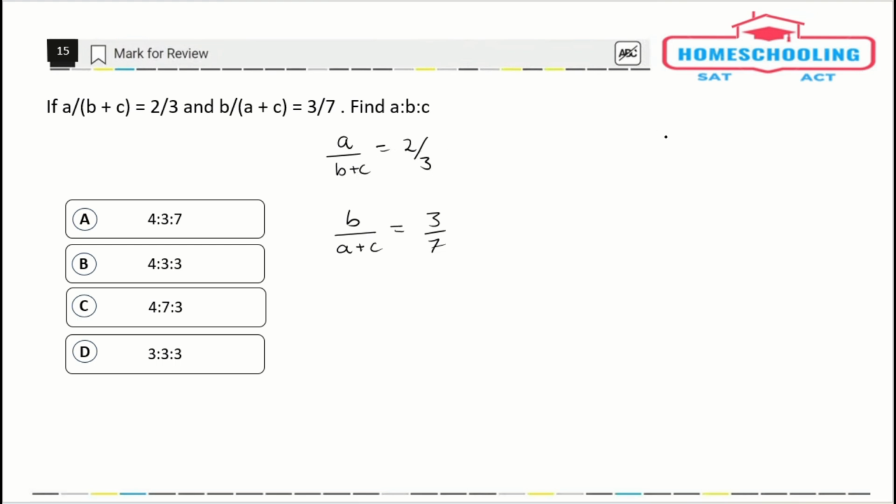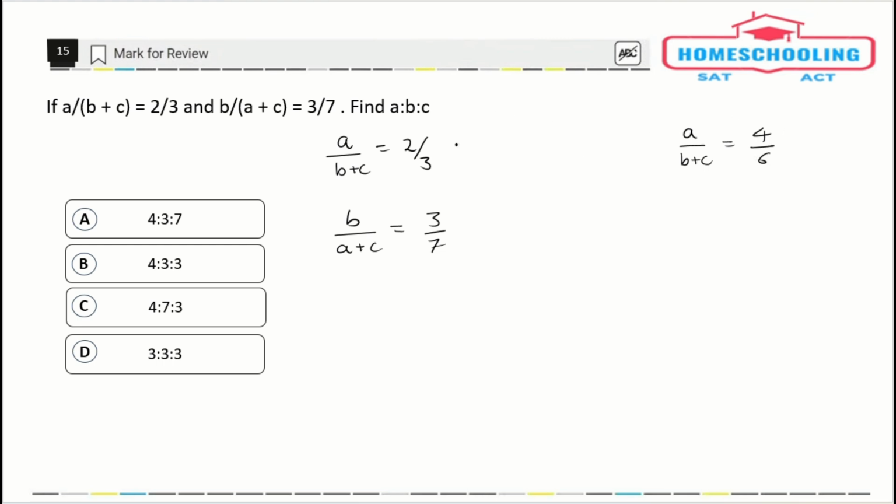So it can also be written as A divided by B plus C is equal to 4 divided by 6, because if we factorize them, divide by 2, then 2 and 3 will come.